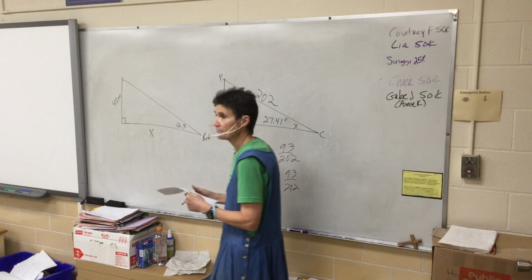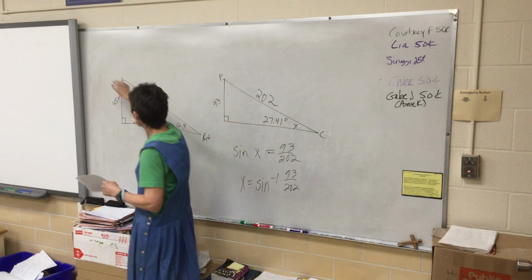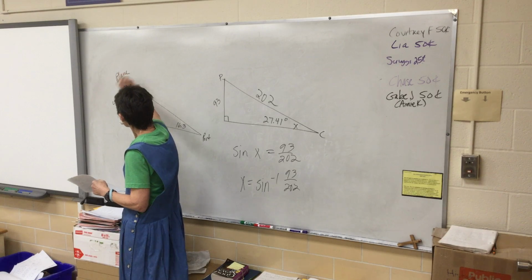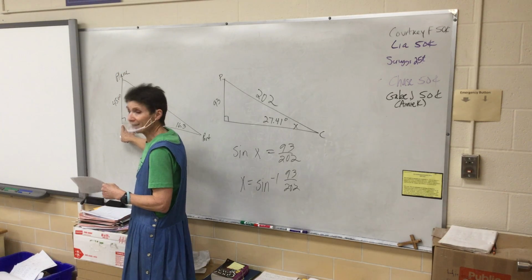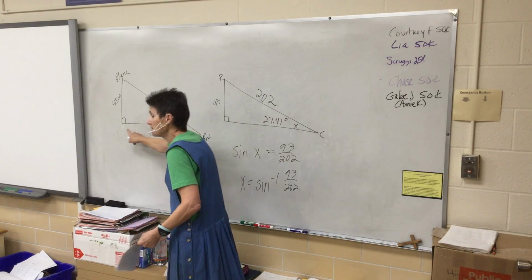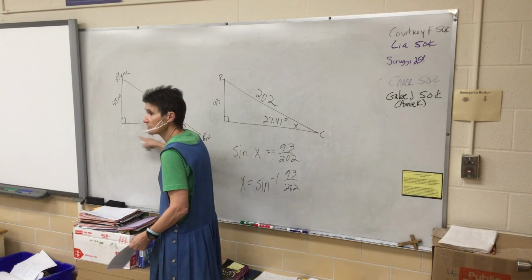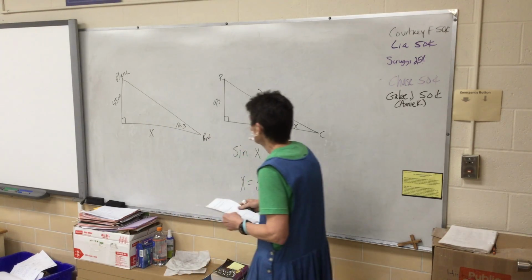Isn't that x? This would be the ground distance, in other words. That's the air distance. This is the ground distance.